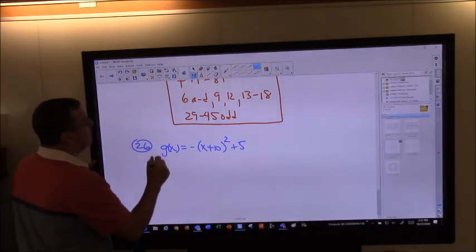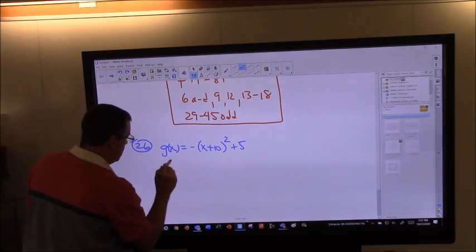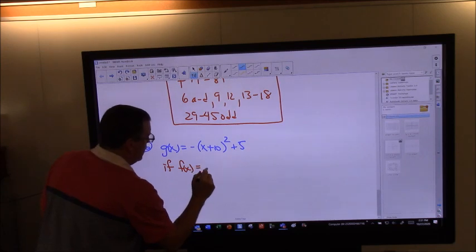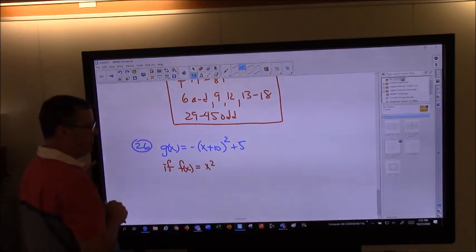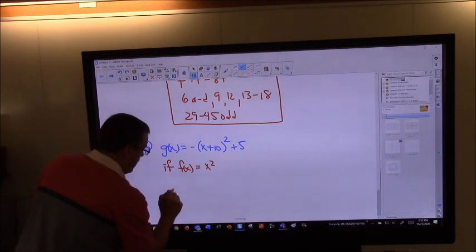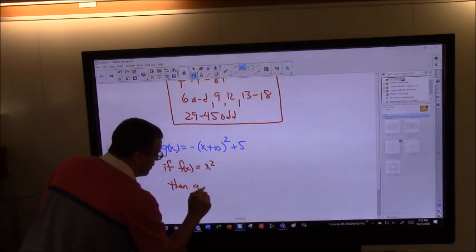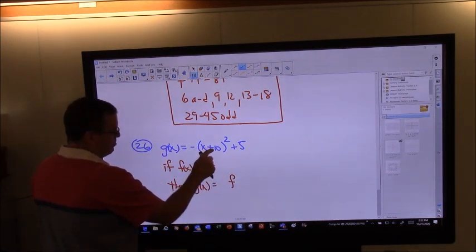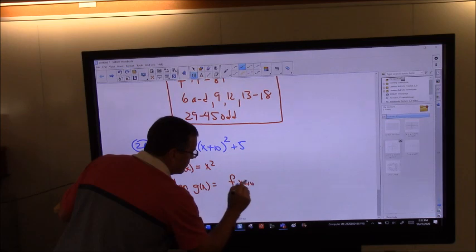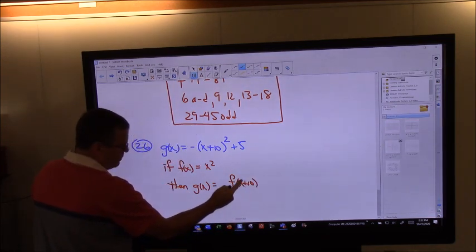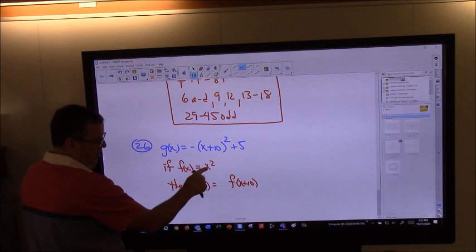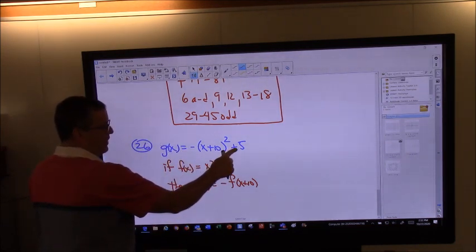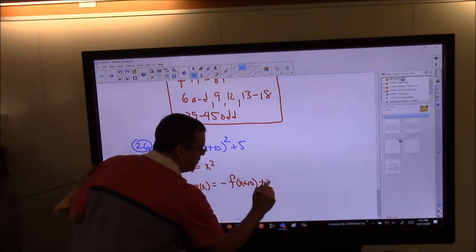Well, if f of x equals x squared, so there's my parent function, then g of x equals f of x plus 10, because what I'm going to do is I'm going to take that x plus 10 and plug it into my function f. I want to flip it across the x-axis, and then I want to shift the whole thing up 5 units.